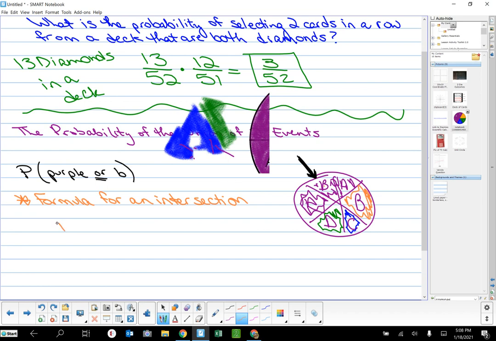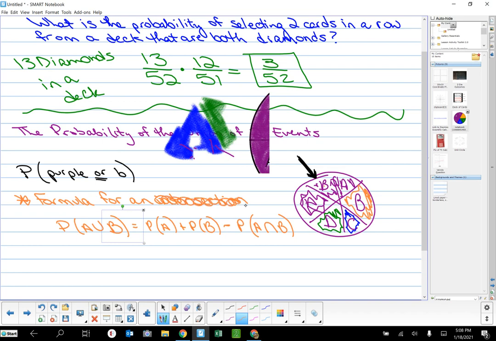Let's see, the probability of A in union with B is the probability of A happening plus the probability of B happening minus the probability of A intersect B. All right, so this is a... Oh, geez, I wrote intersection.